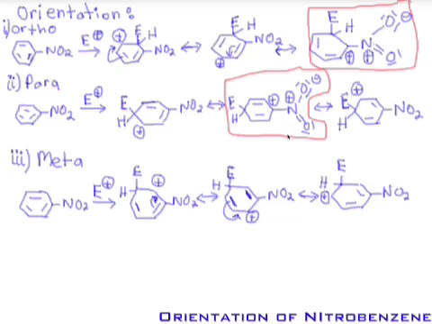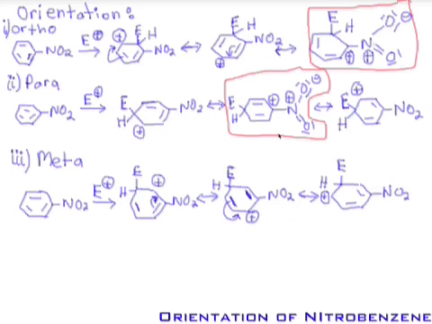In the case of meta, the positive charge never ends up next to a nitrogen, so you don't get the adjacent positive charges. That means the ortho-para resonance structures have a less favorable resonance contributor. They become higher energy, and the corresponding transition states are higher energy, which gives ortho-para attack a higher energy of activation.